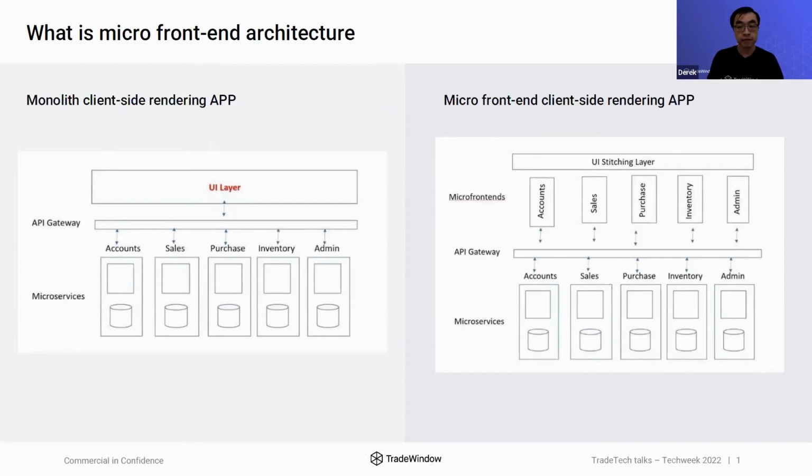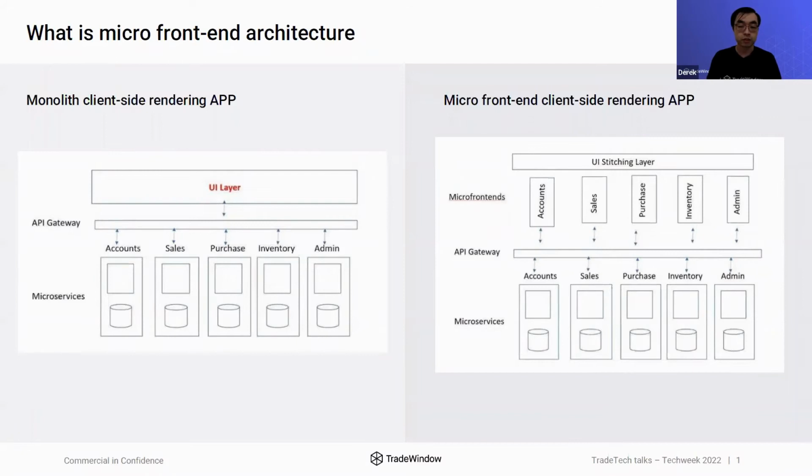On the left-hand side, the current trend is to build a feature-rich and powerful browser application, which is also known as the single-page application. This application type sits on top of the microservice architecture. On the right-hand side is the micro front-end architecture. The micro front-end extends the concept of the microservice.